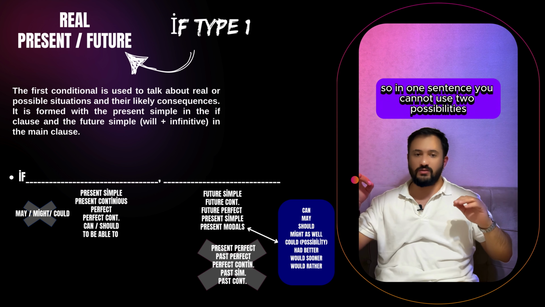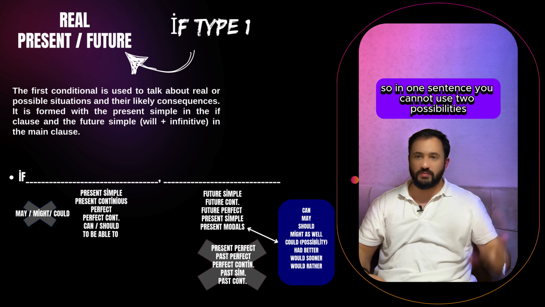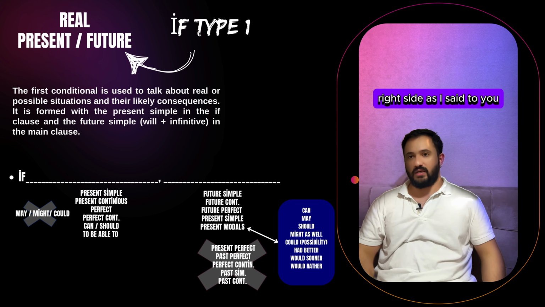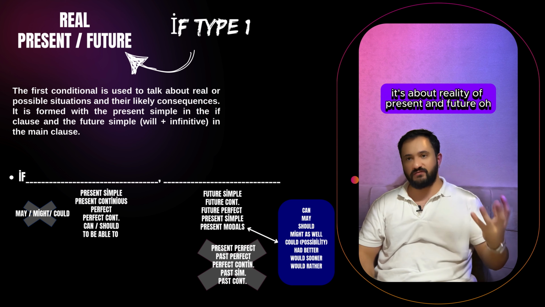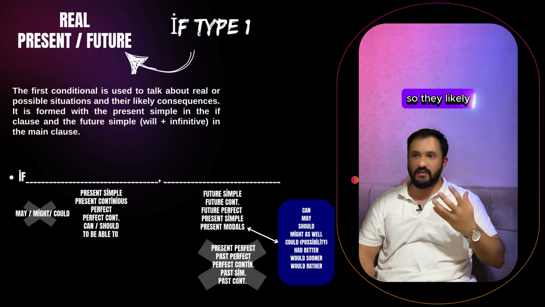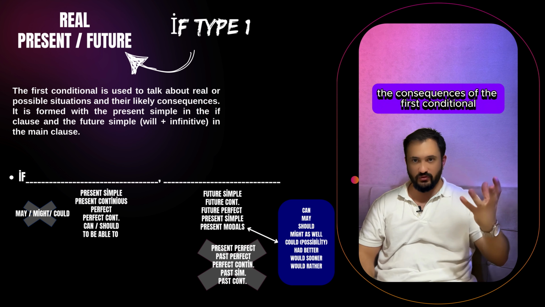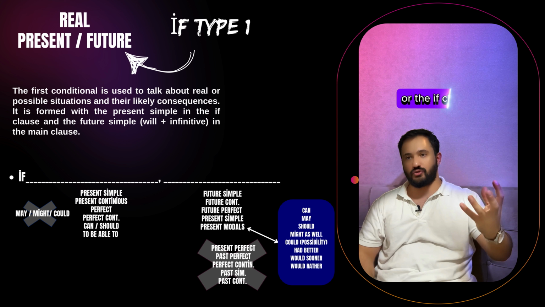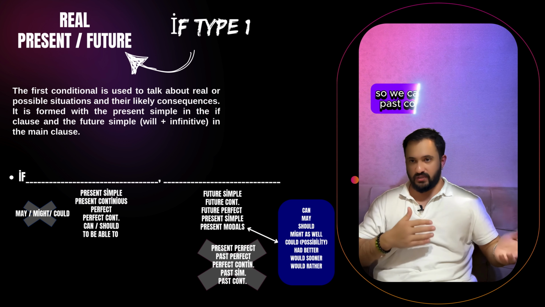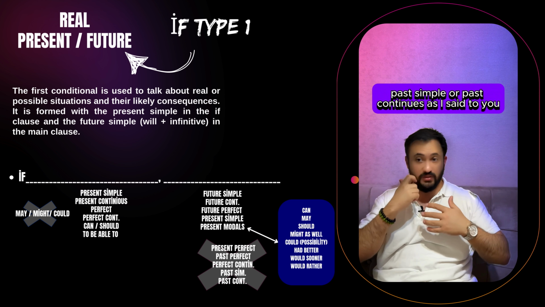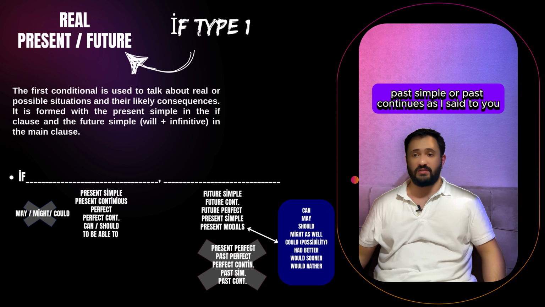So in one sentence, you cannot use two possibilities. The right side, as I said, is about the reality of present and future, the likely consequences of the first conditional or the if clause. So we cannot use past simple, past continuous, or present perfect continuous, as I said.